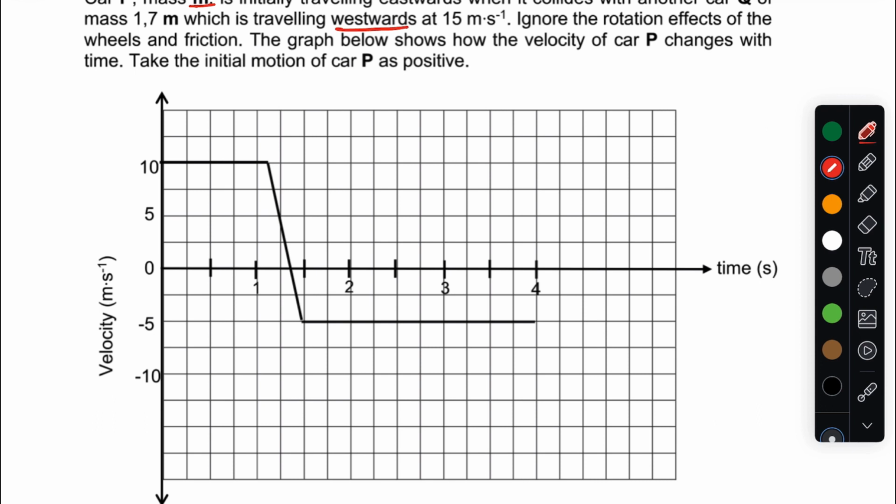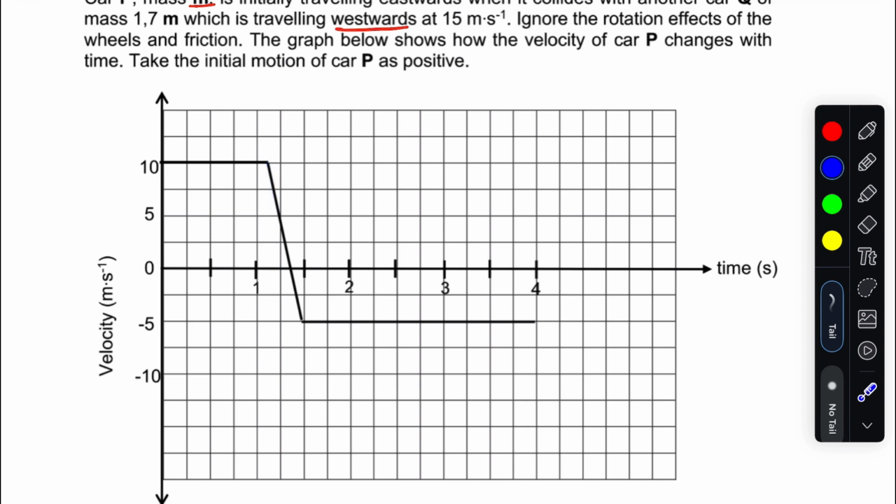Now let's look at the graph. In this graph, car P was moving at 10 meters per second, right? For that time.